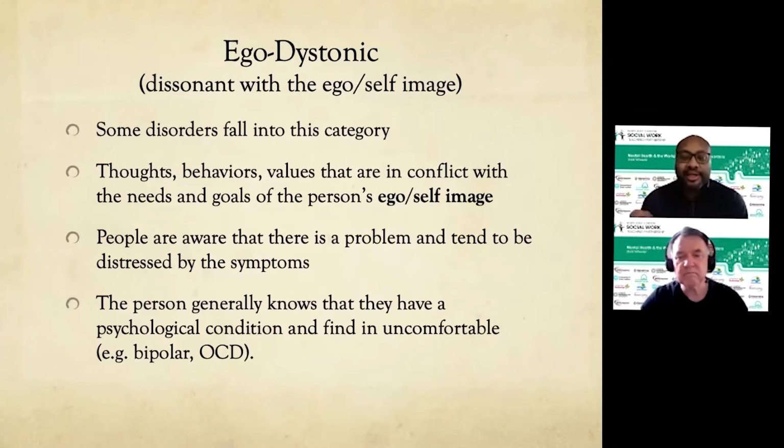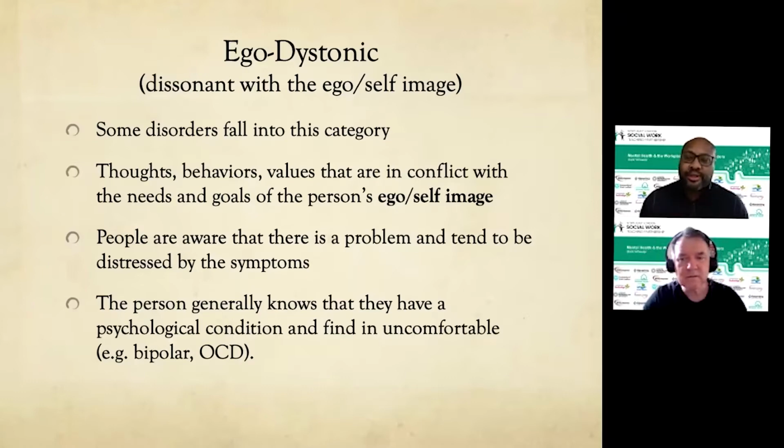And we see this a lot of times, I'm sure, in our different walks and encounters with service users and people with lived experience of social work. We see that sometimes people realize what's going on and they're not happy with it. It doesn't align with who they perceive themselves to be. When they're aware of the problem, they tend to be distressed by the symptoms.